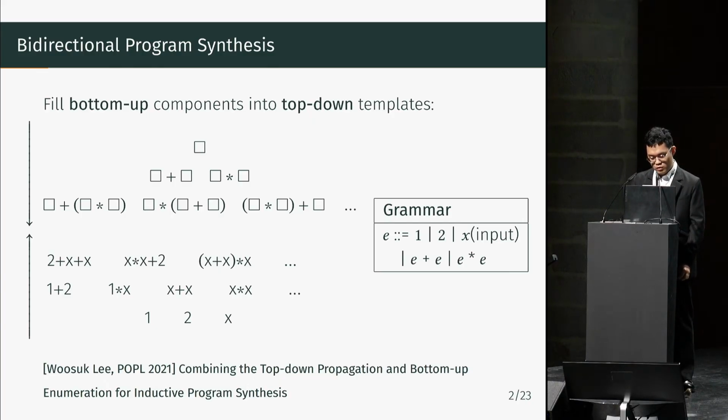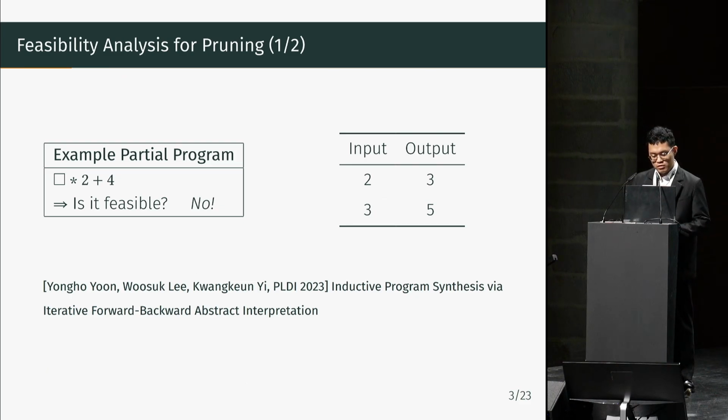Now we can see example partial programs here. While doing bidirectional program synthesis, we pick components and put them into holes. So there will be partial programs with holes.